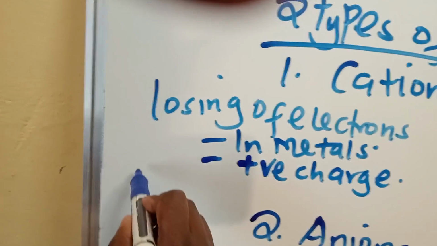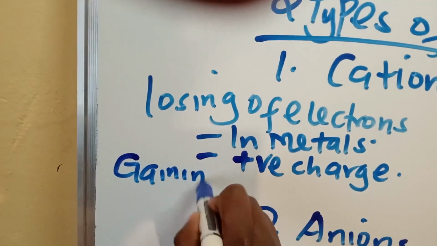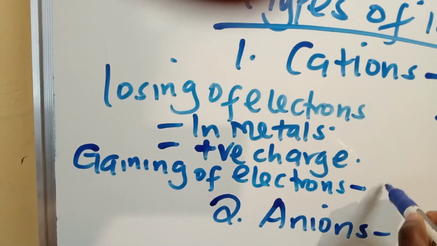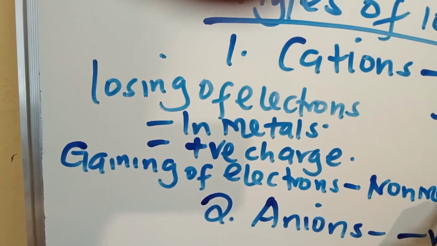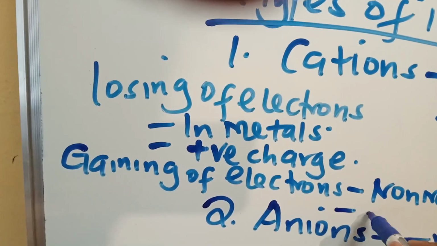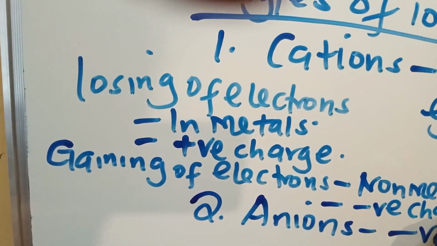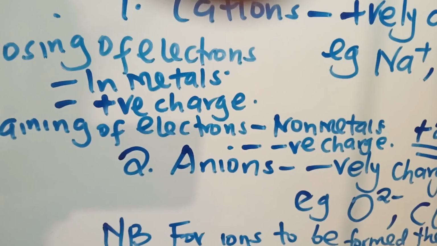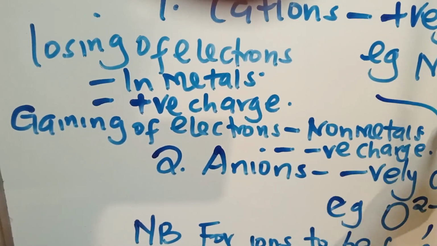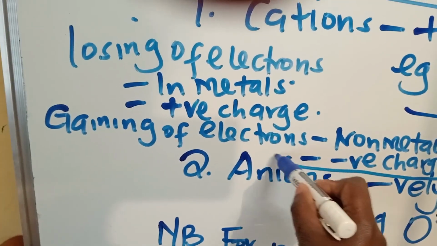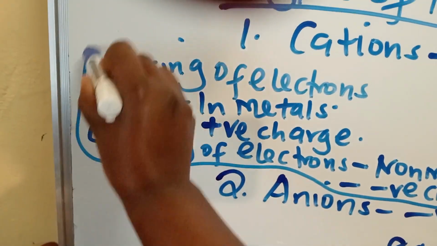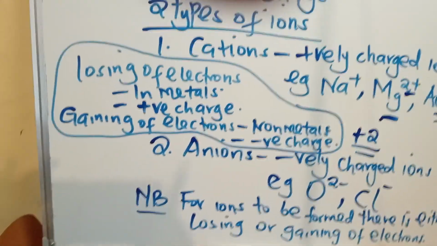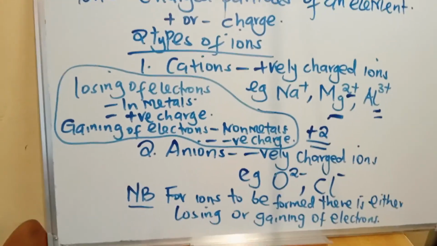When you have gaining of electrons, that happens in nonmetals, and then they usually gain a negative charge. So note that as we move on. So write good notes.